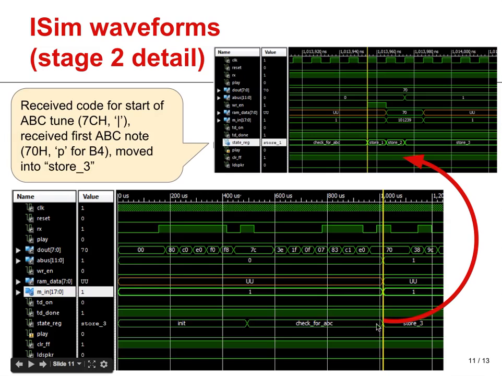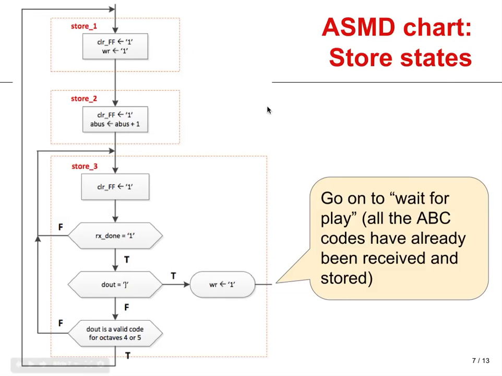So in this case, we started in the init state, we had received the vertical bar, we moved into check for ABC, and at this point we have received a valid code, as you see here. So this was 7.0. So we moved from check ABC into store 1. Please notice that the write enable signal is activated during store 1. This is to be expected since it is what we have indicated in store 1.